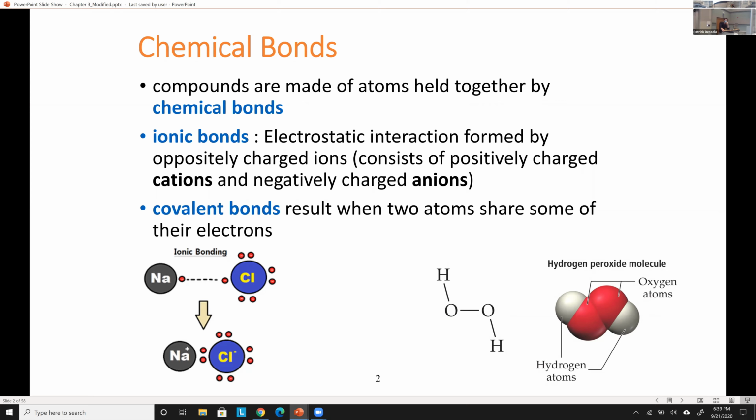Once that electron is transferred to chlorine, this action induces their charge. So initially, every atom's neutral. Once sodium gets rid of that electron, it loses a negative, therefore becomes positive, as the bottom picture shows. And then the chlorine becomes negative by gaining the electron that sodium lost. So that is what creates the ionic bond.